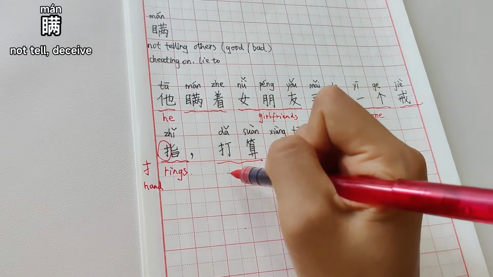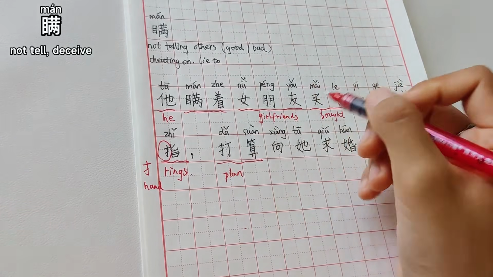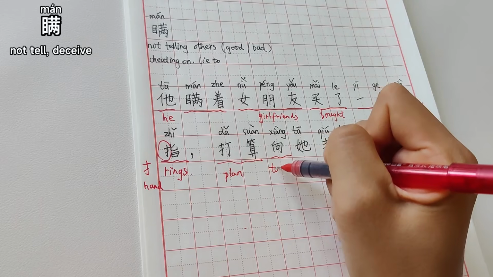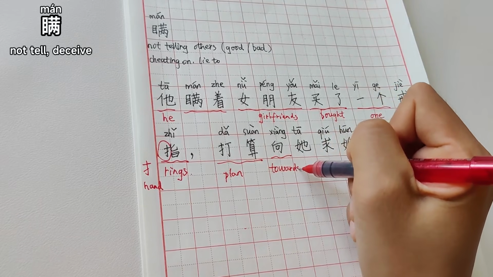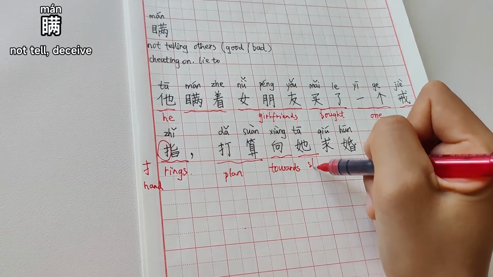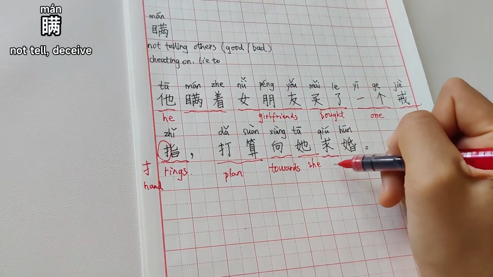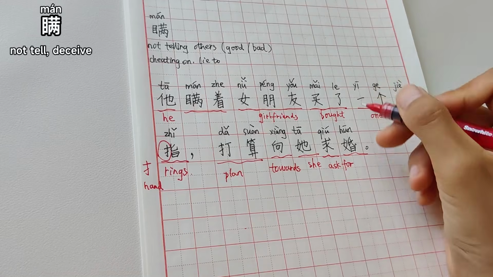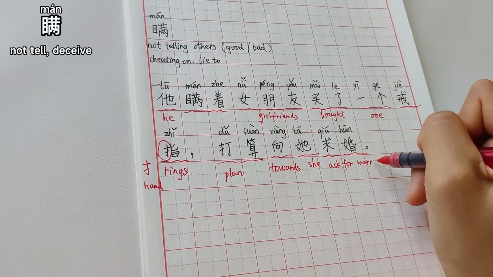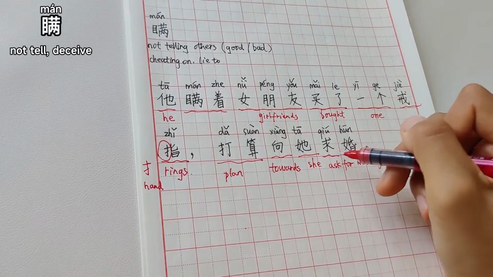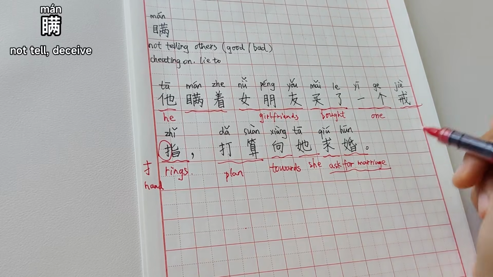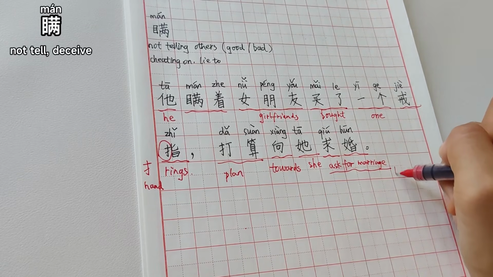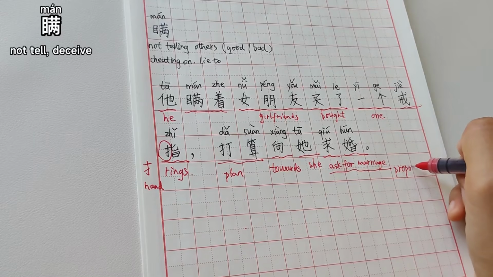打算 plan. 向 towards. 她 she. 求 is ask for. 婚 is marriage. So 求婚, ask for marriage, is propose.